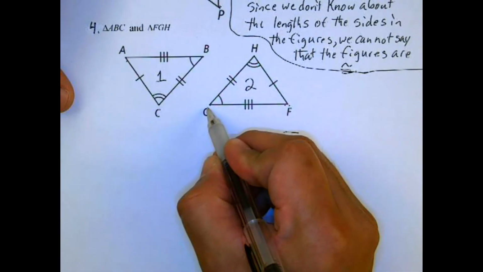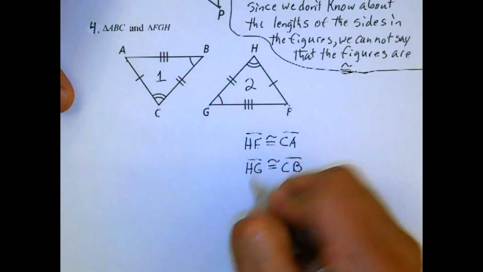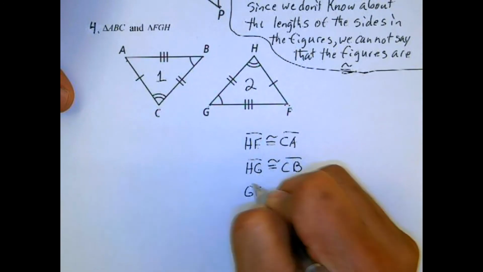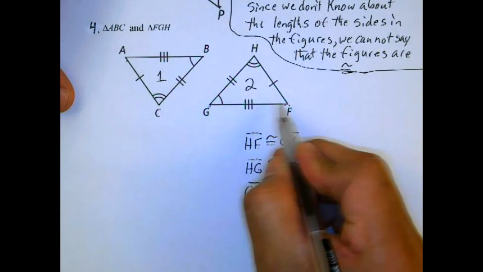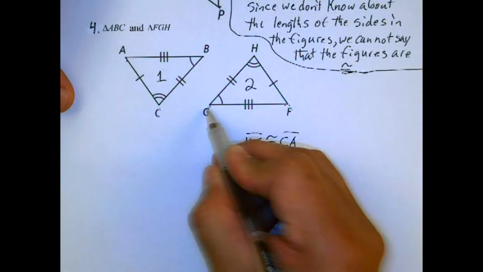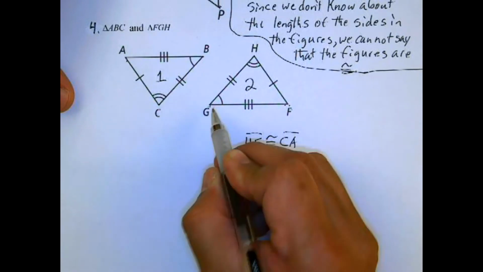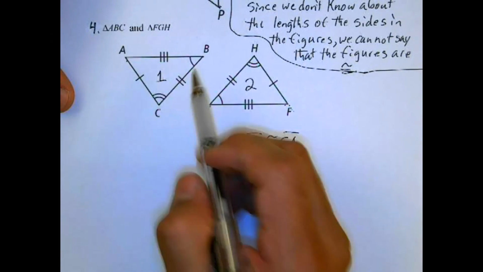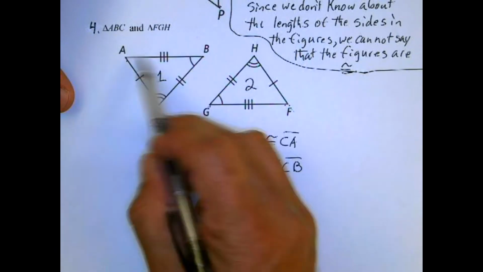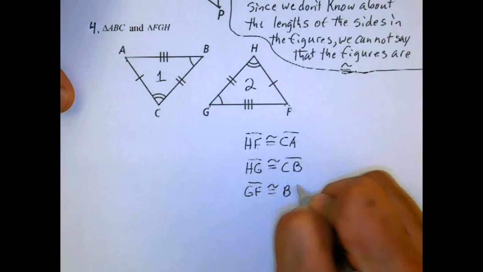So we're going to go from G, which is a single arc, to F. So GF should be congruent to, okay, single arc, angle G is congruent, single angle goes to F, and so single arc B has to go to A, so BA.